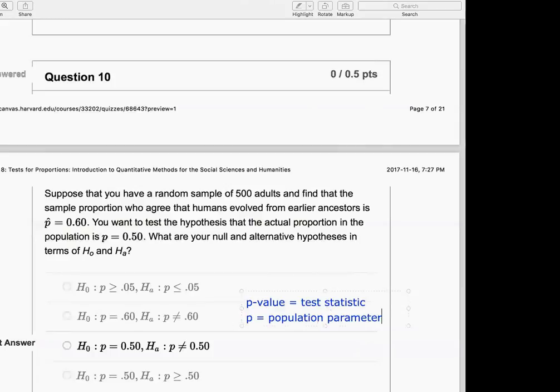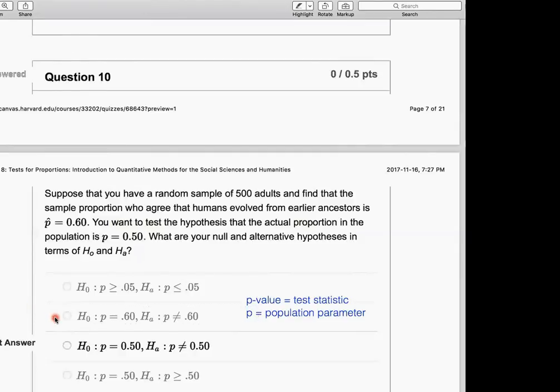Someone is asking, well, why not p hat is not 0.6? Someone is asking a really good question, and I think this is part of the issue here, why some of these might be a little difficult. Why isn't it this one right here? Because here I'm distinguishing between p-value as a test statistic and P as a population parameter.